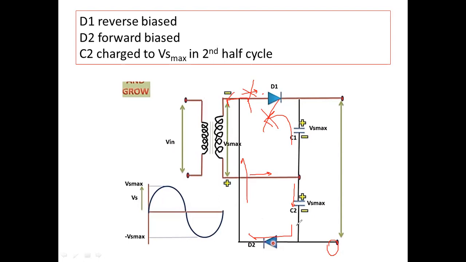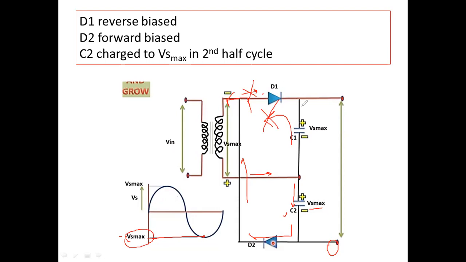Now the capacitor C2 is charged to Vs maximum again, because the peak value of the negative half cycle is also Vs maximum, and this negative shows just the current direction is reversed from the first one.